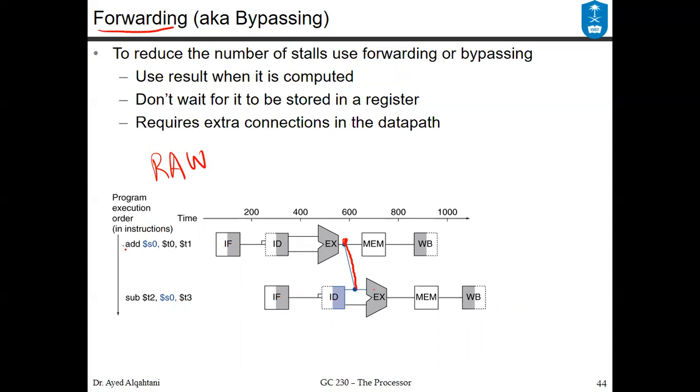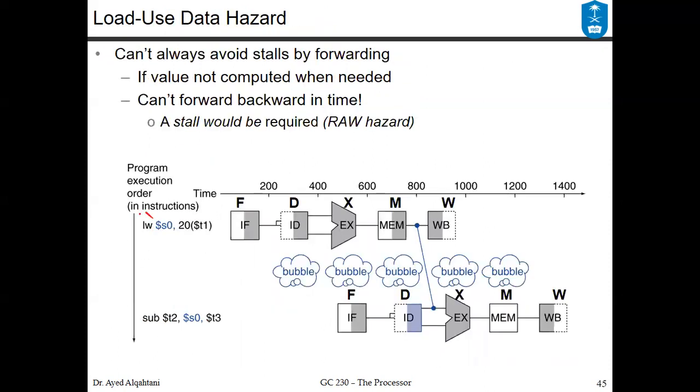Now notice here that we have add, which is R type, followed by R type. In case you have a load followed by an R type, you can see that the RAW dependency on S0 is there, and it made us pay a cycle or a bubble, even with forwarding. If you assume forwarding, for the load, it won't be ready until you load it from the memory. So S0 would be here.